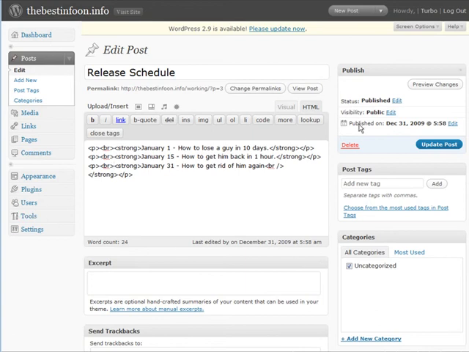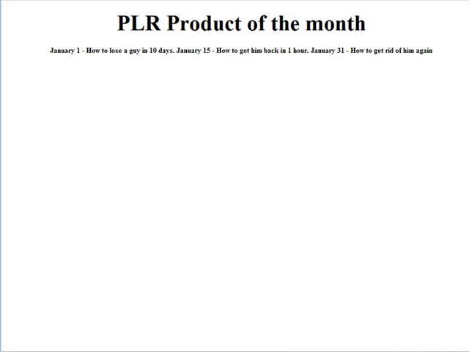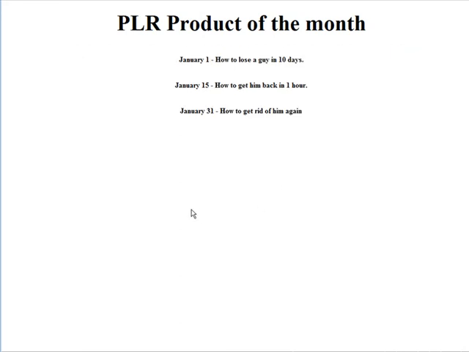Like so. Update. Let's refresh this now. And there you go. So you need to make sure you just put the line breaks in there like I showed you, and everything will work fine. So that's how you can use a WordPress database to populate a regular web page.